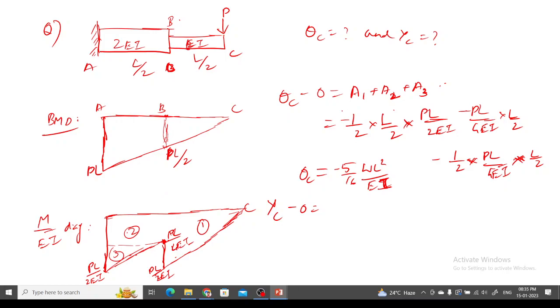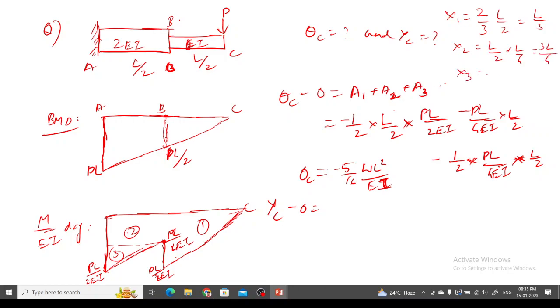Now I have calculated A1, A2, A3 separately. Now I will calculate X1, X2, X3 separately. X1 should be 2 by 3 times L by 2, so it should be L by 3. And X2 should be L by 2 plus L by 4, so it should be 3L by 4.